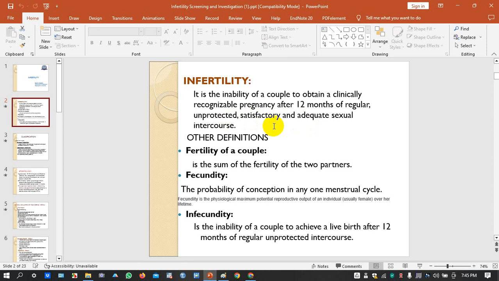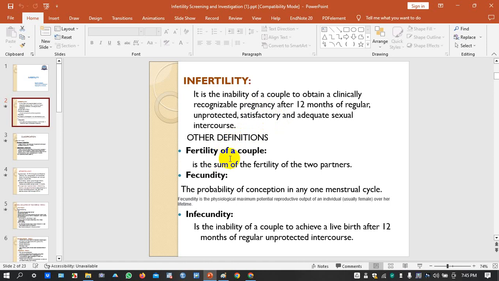Meaning that if couples have been together for a period of a year and they have had unprotected sex, very satisfactory and adequate, there is no way they shouldn't conceive. But if otherwise, they are not able to conceive, then they should see a medical officer for them to advise them appropriately.